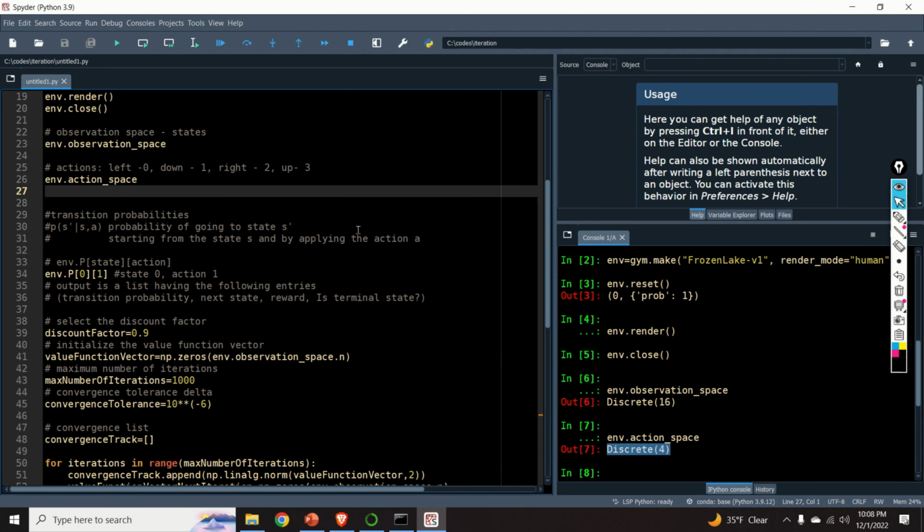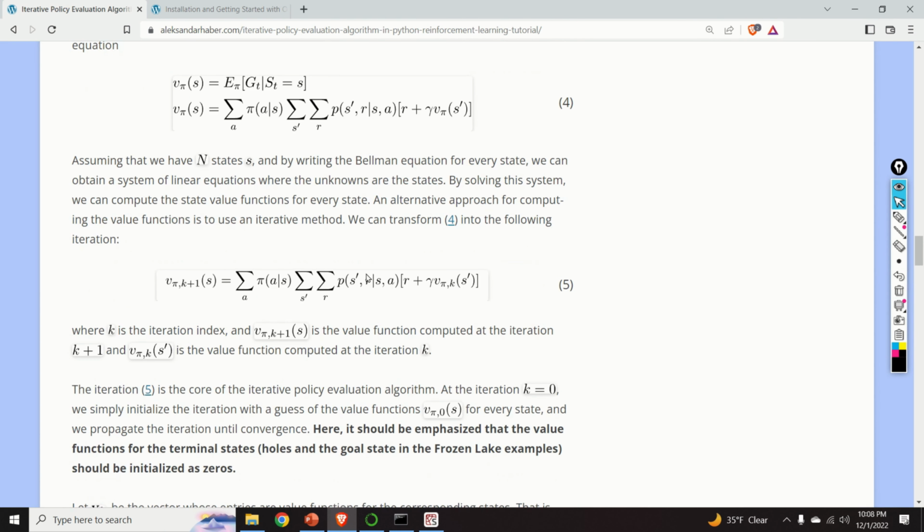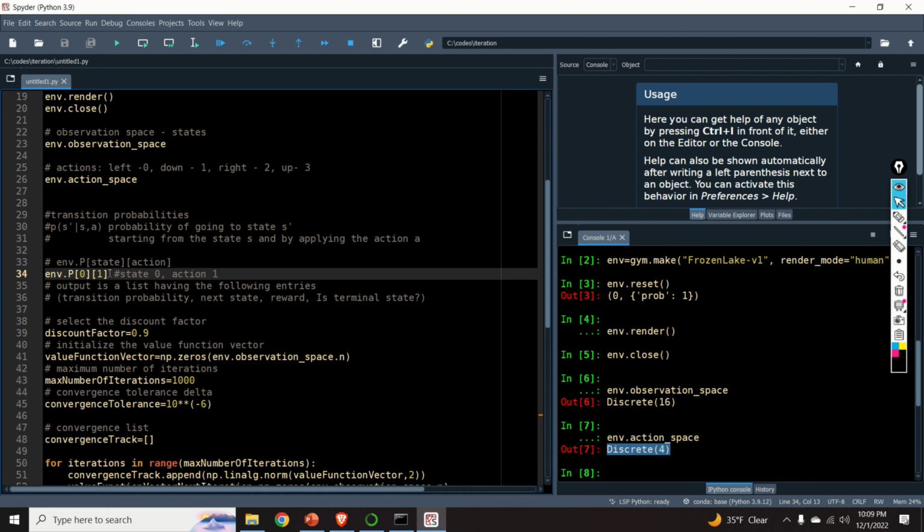The next step is to inspect the transition probabilities. So let's go back to our slide and investigate this probability over here. We can access this probability by simply typing environment.P. The first argument is the state, and the second argument is the action.